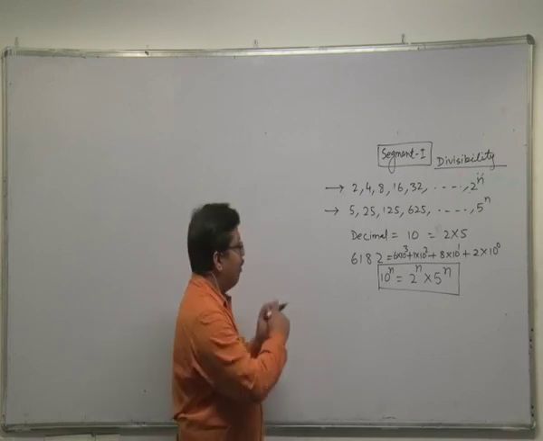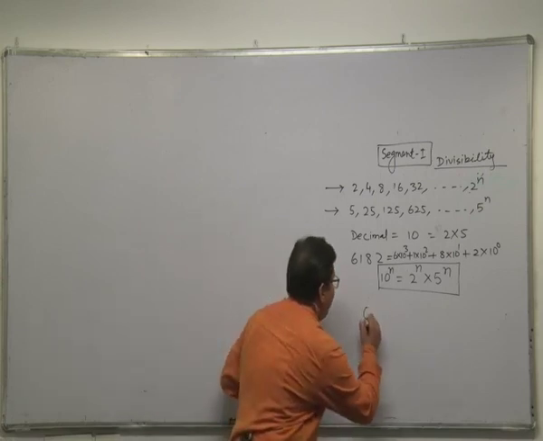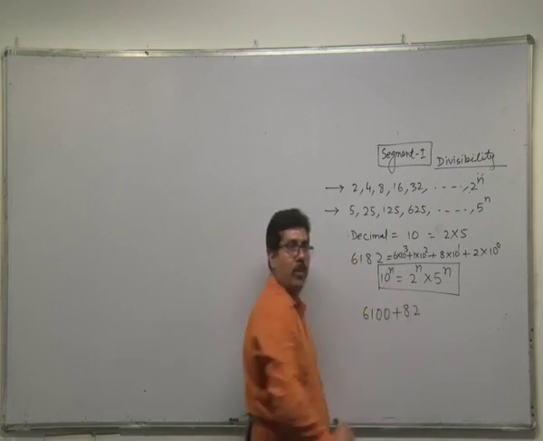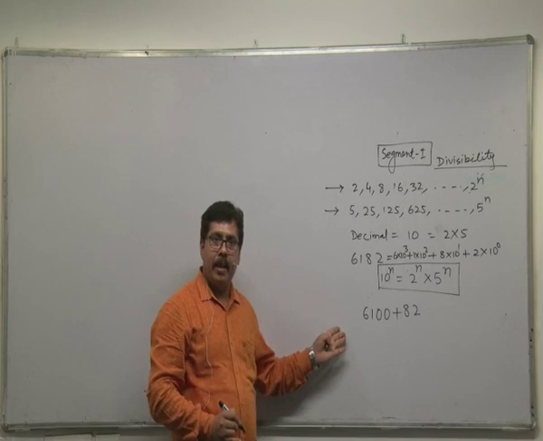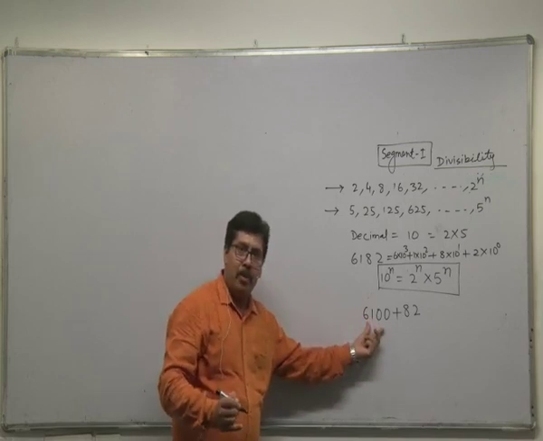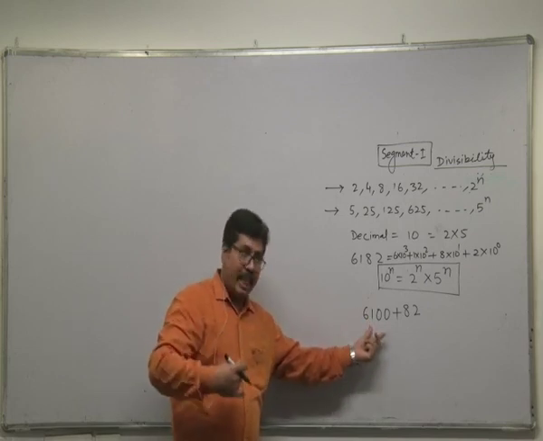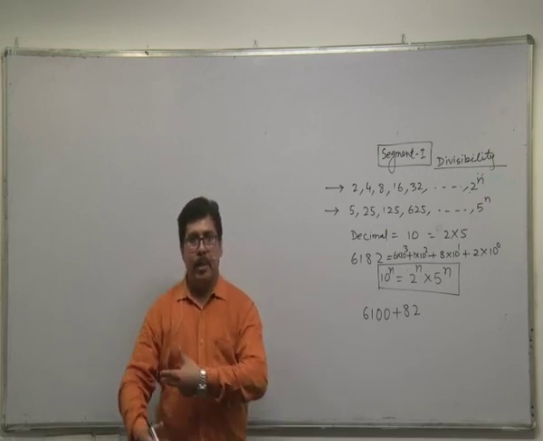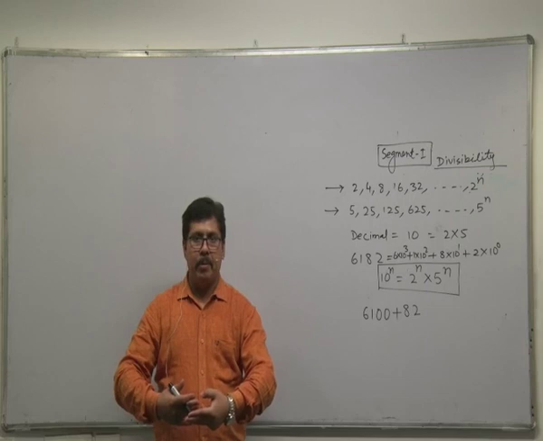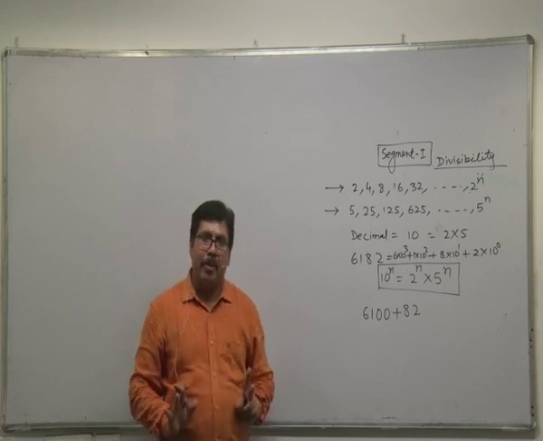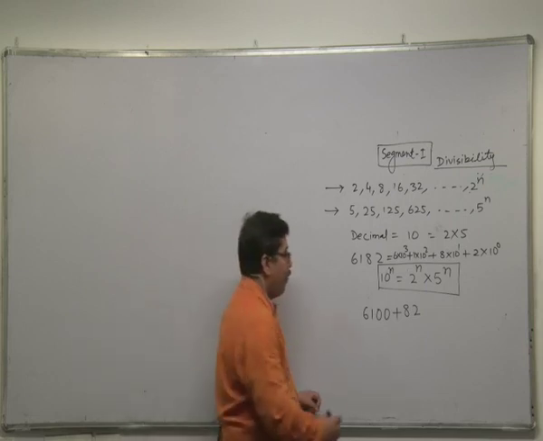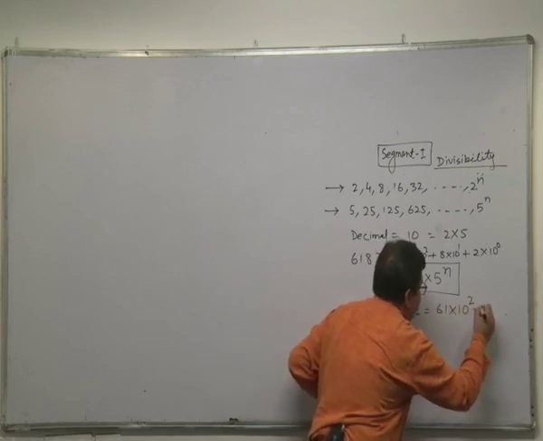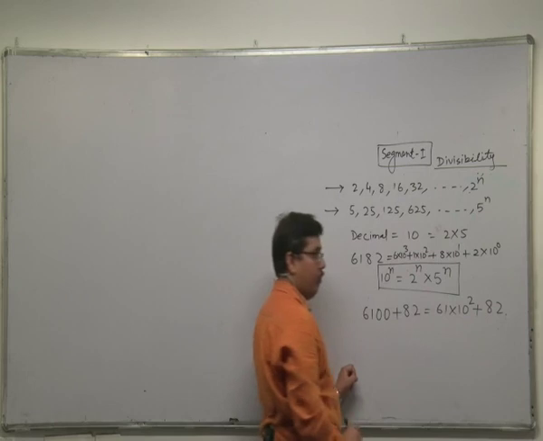Can we write this number as 6100 plus 82? Yes, we can. And why 00? Because we are interested in expressing this number in terms of 2 raised to the power 2, and 2 raised to the power 2 is a factor of 10 raised to the power 2. So we can write it as 61 into 10 raised to the power 2 plus 82.